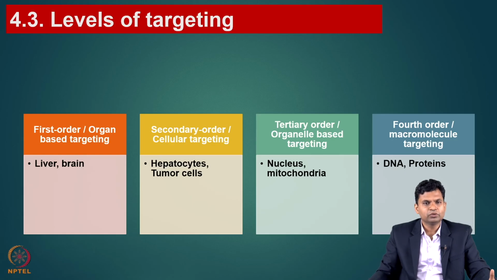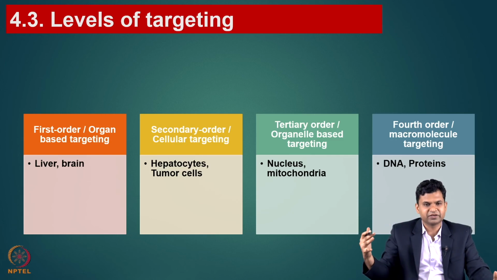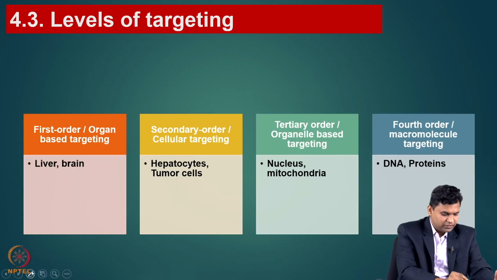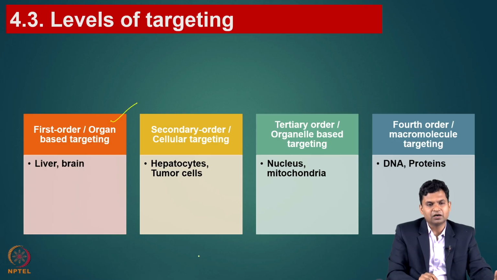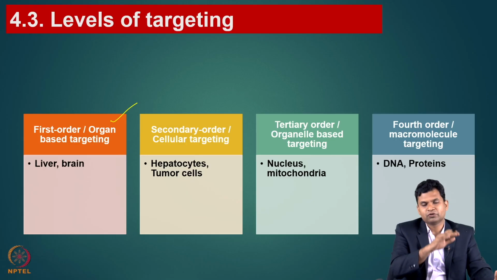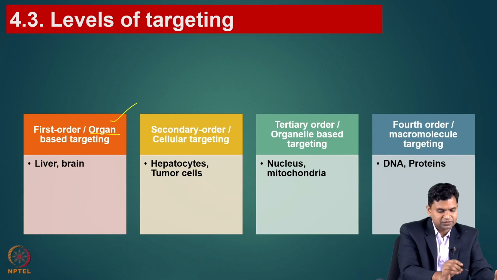Now, here we are going to see the levels of targeting. These are classified based on their targeting mechanism. The first one is first order or organ based targeting. We can target your nanosystems or your formulation by targeting the organs.